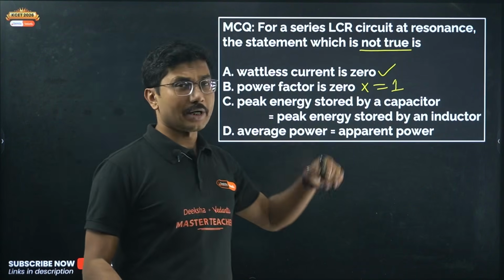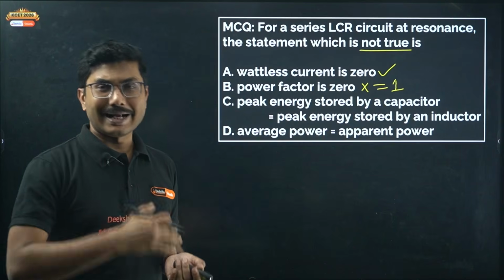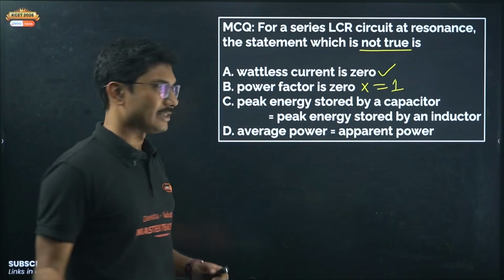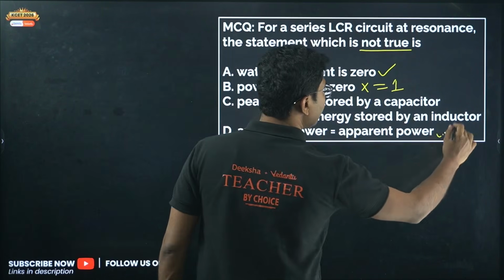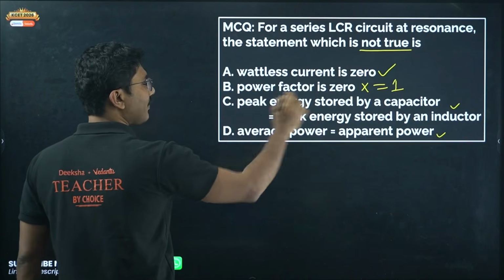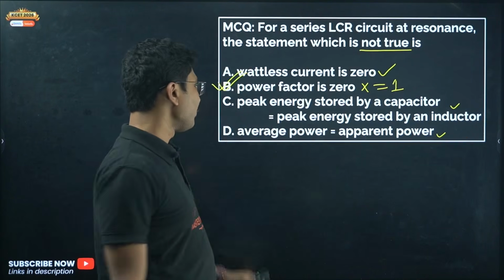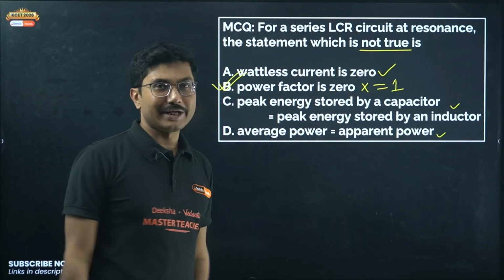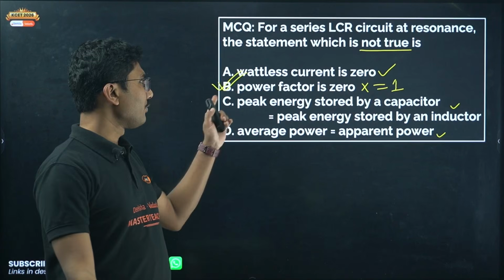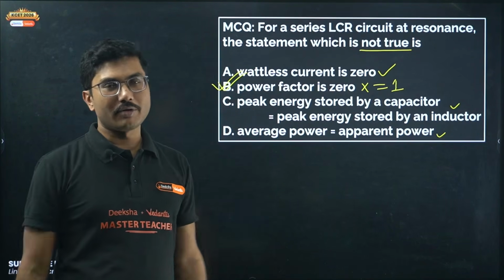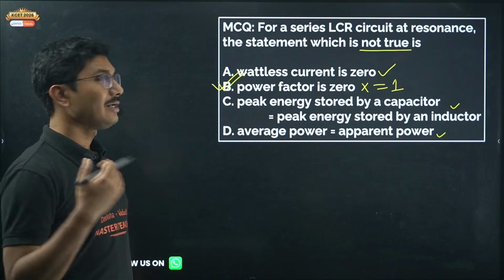Average power and apparent power become the same because XL and XC are cancelling each other. So that is also true. So these statements are true. Only power factor is 0 is wrong. So the correct answer is option B. Many students answered option D and they got 0 marks. If you answered power factor is 0, you would have got 1 mark, and that may cause a huge difference.